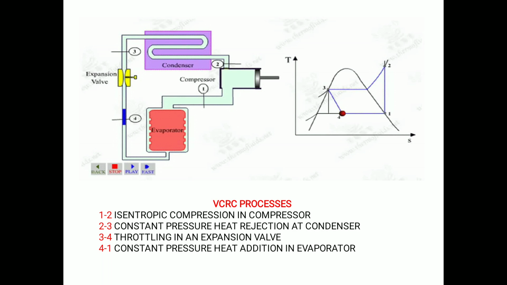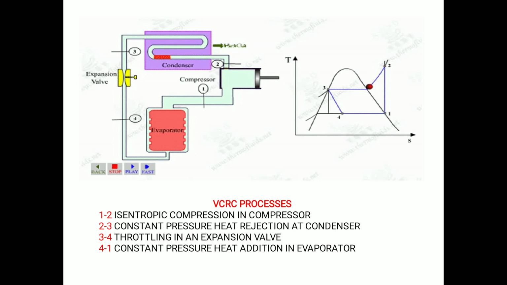The refrigerant will enter into the compressor as a saturated vapor, and it will get compressed to higher pressure, and then it will enter into the condenser. In the condenser, the latent heat of condensation is rejected, and then the refrigerant is converted into liquid stage.